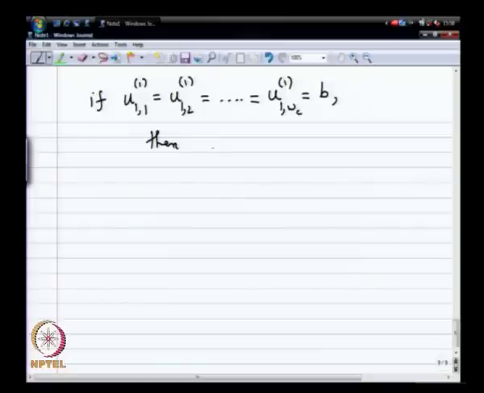Okay, let me just make sure I get this absolutely right, because it's a bit dicey to explain, so I should do it very carefully.